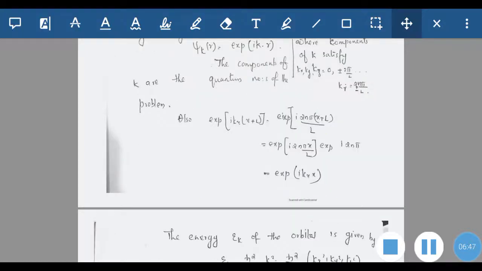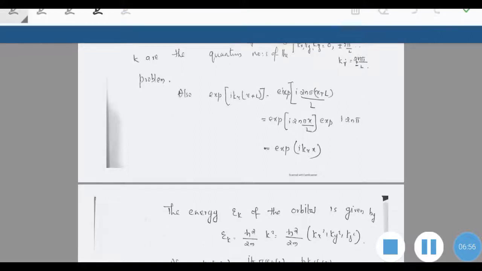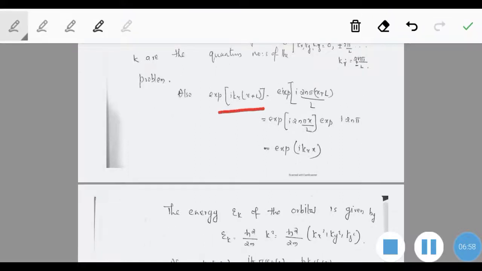Now we can check whether this expression for psi satisfies the boundary condition or not. So exponential i kx into x plus L becomes exponential i into kx, where kx is nothing but 2n pi by L, then into x plus L. We can split that into two exponentials. The first one is exponential i 2n pi x by L, and the second one is exponential i 2n pi.